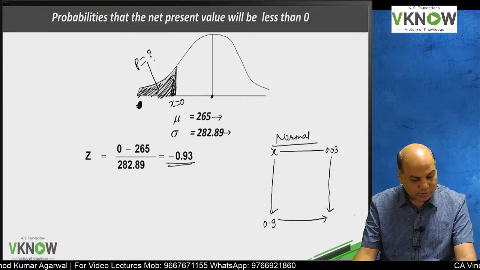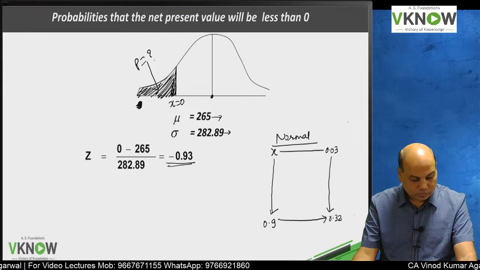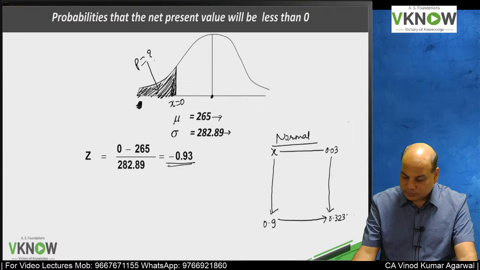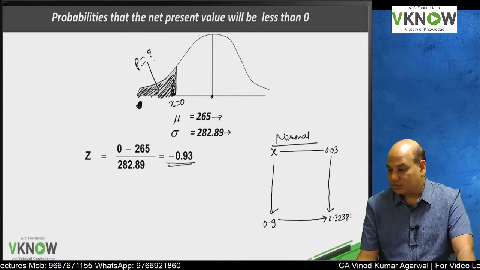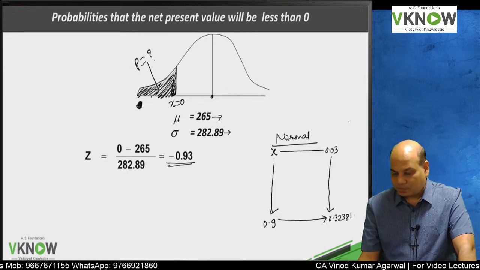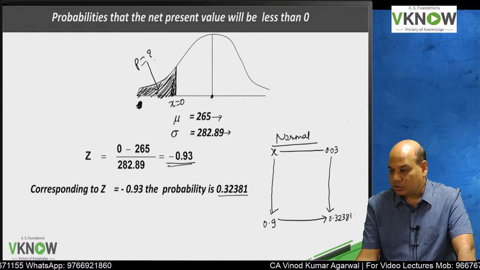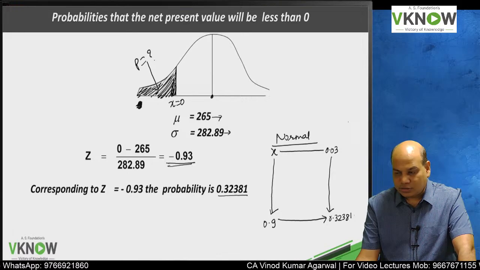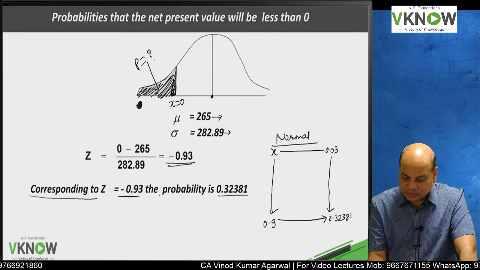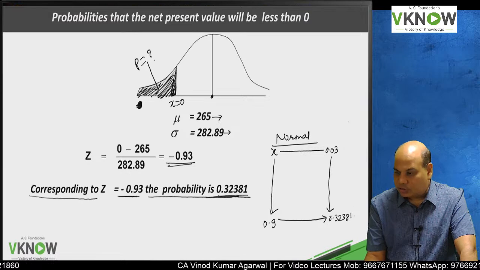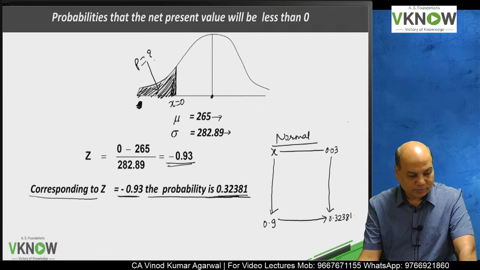You will find something around 0.32381 in that normal distribution table. Yes, it is right. So write down, corresponding to Z equal to 0.93, the probability is 0.32381.